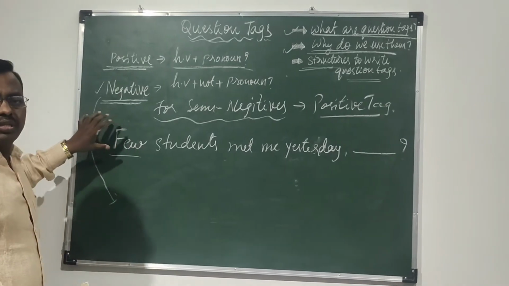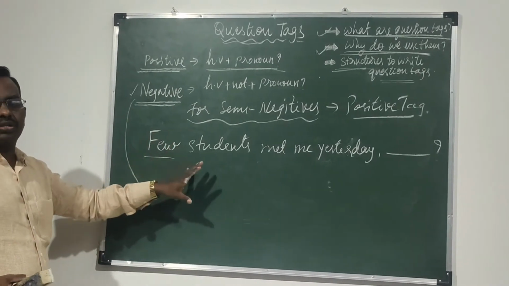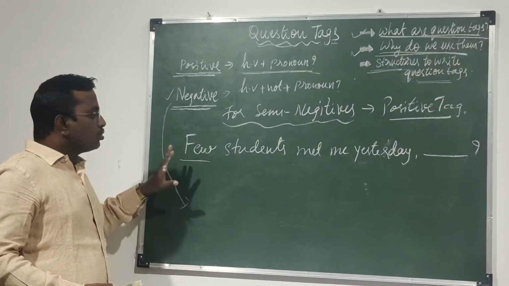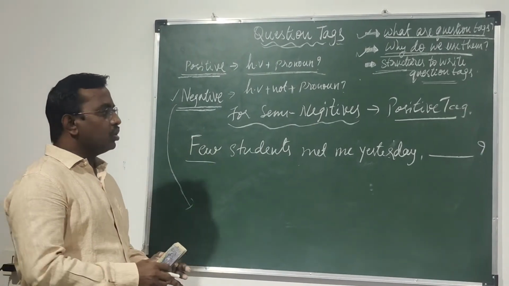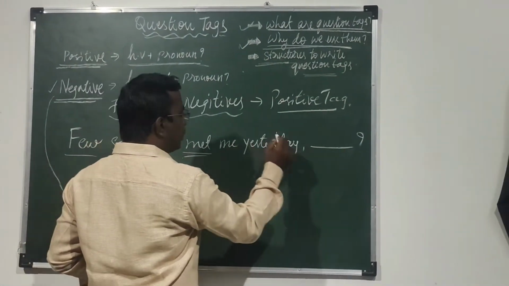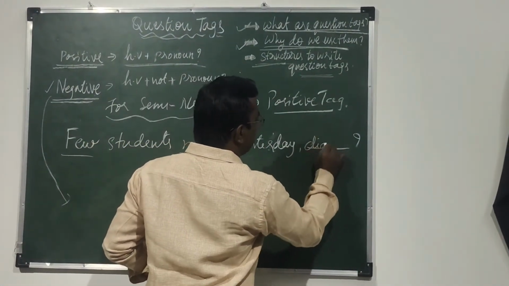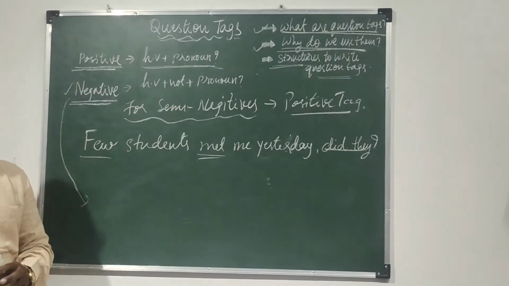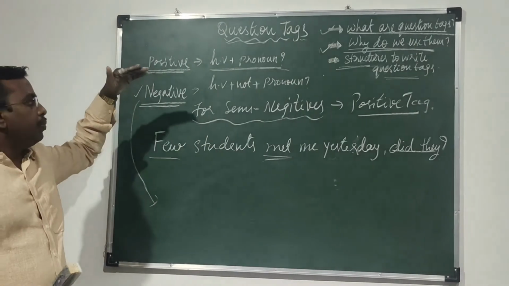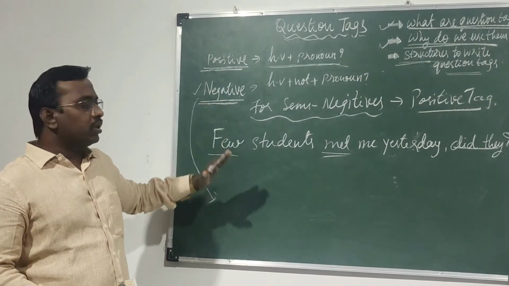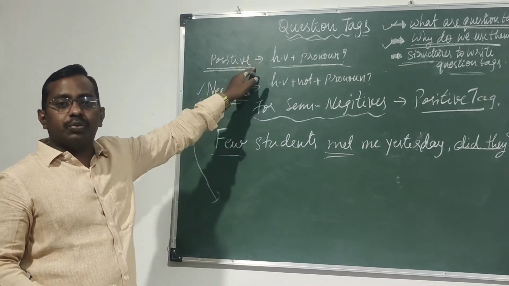So when a semi-negative word is used in a sentence, that sentence becomes a semi-negative sentence. So if it is a semi-negative sentence, we add a positive tag: few students met me yesterday, did they? Whether the sentence is negative or semi-negative, we add a positive tag.